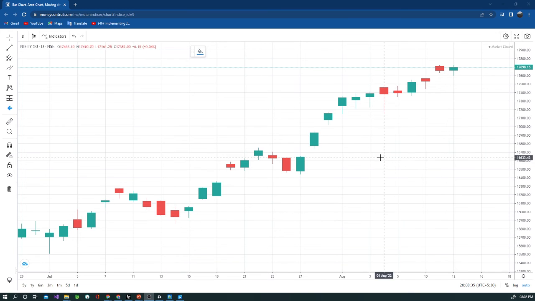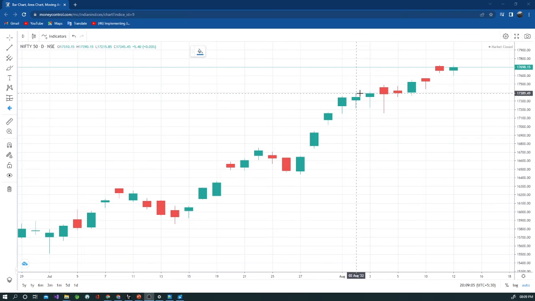Now let's take this particular candle. We have already discussed that this portion, in solid green color, is called the body of the candle.